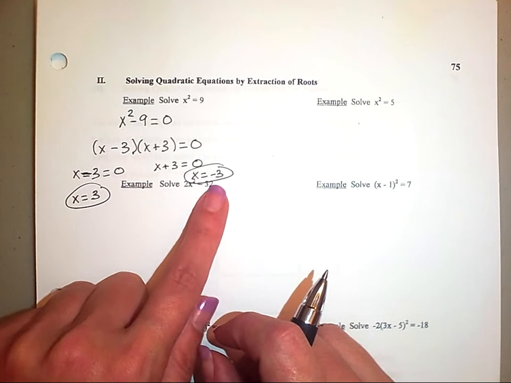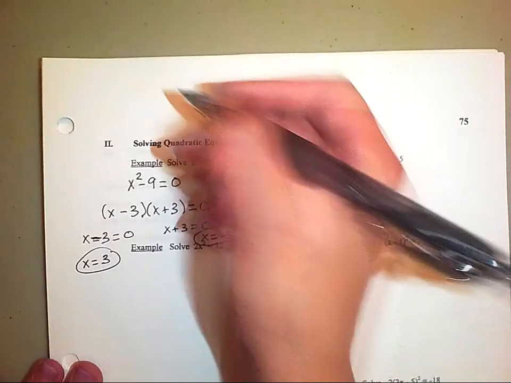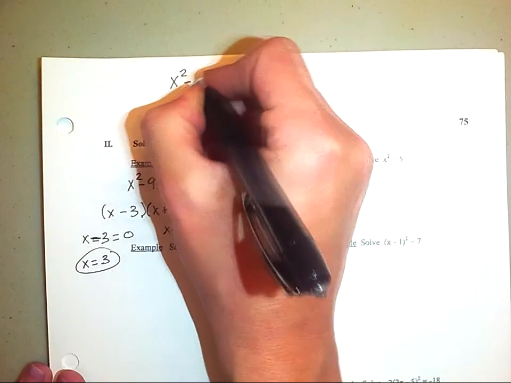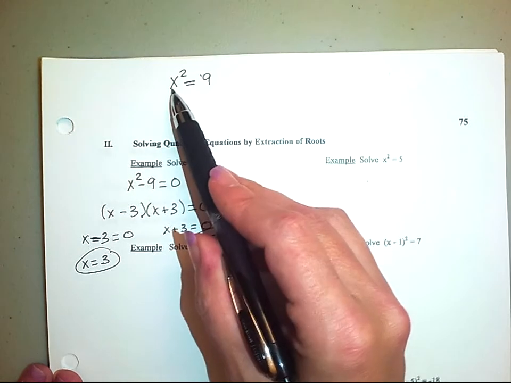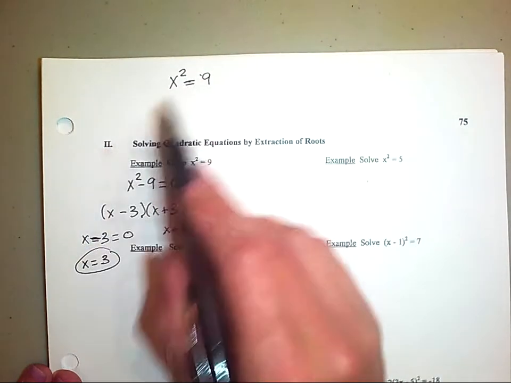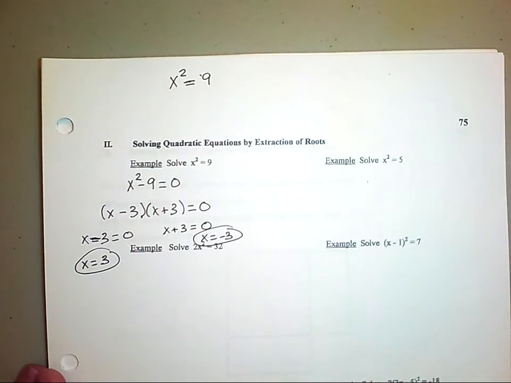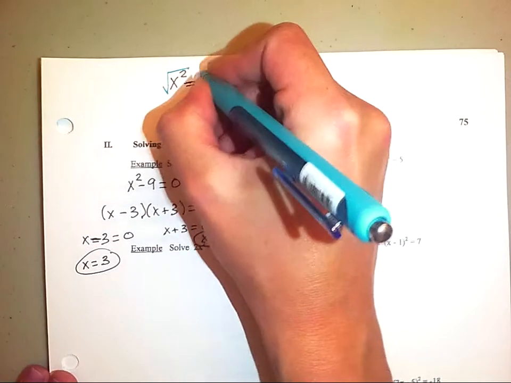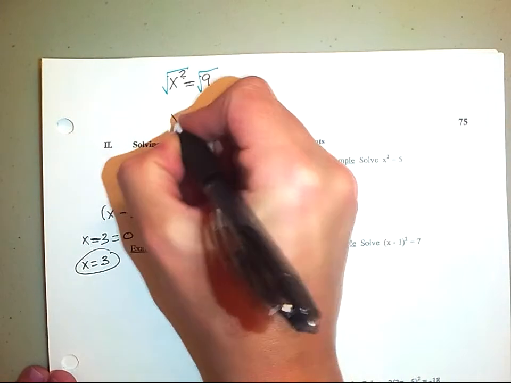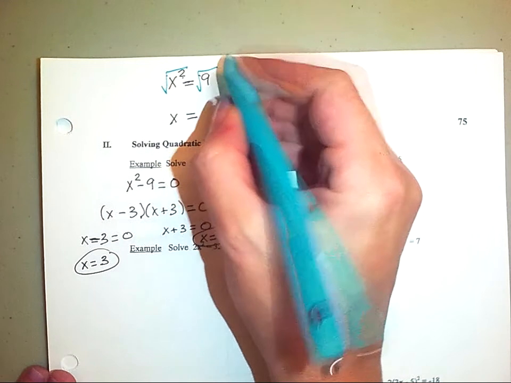Now, we can use this thing called an extraction of roots. Just write it up here, x squared is equal to 9. Now this x squared is isolated. There's no coefficient on it. It's not having anything else multiplied or subtracted or added. Now I can undo squaring by taking the square root of both sides. Now the square root of x squared is just x, and then we are tempted to say here that the square root of 9 is 3, which is true.